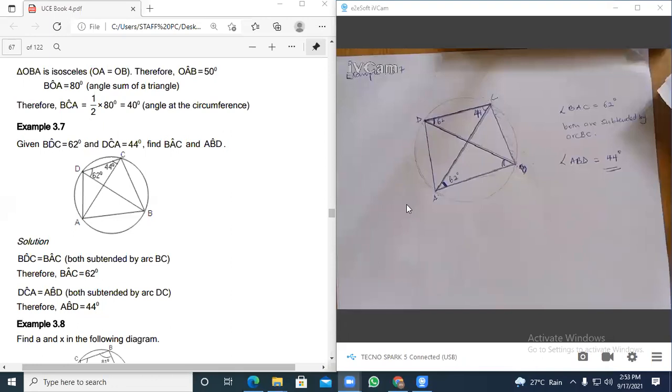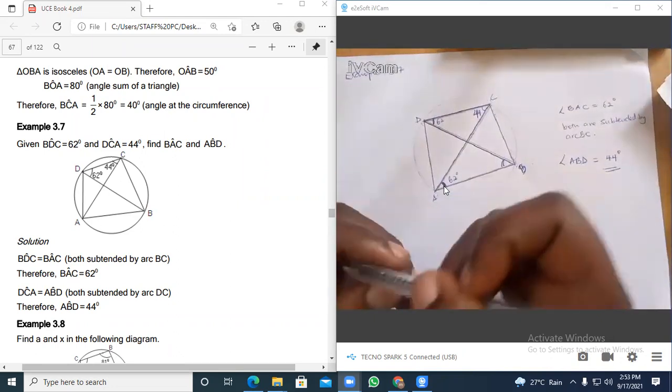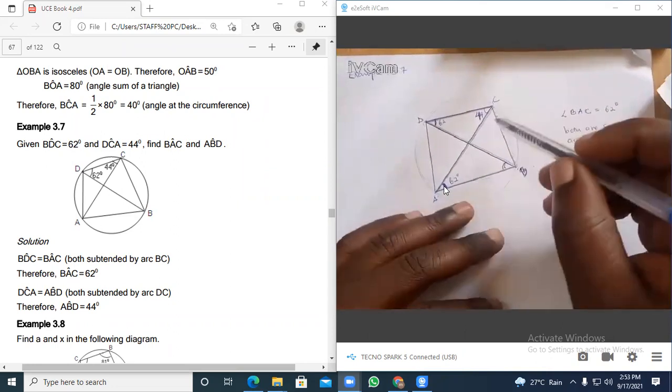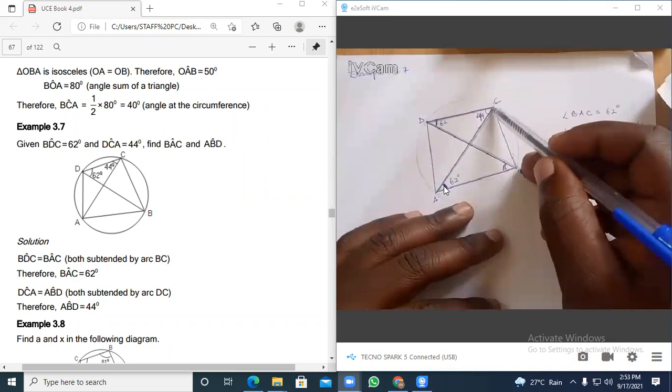Something to be between, let me say to what? 2 points. So here it is: something to be between, subtended by the arc. So it means that that angle is at the arc.